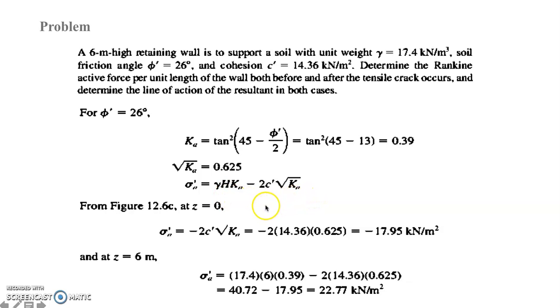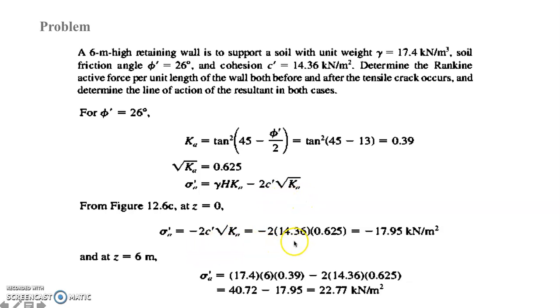We have to identify the values at certain depths. It starts with Z equal to 0. When Z is equal to 0, the first term becomes 0, so you have this expression.